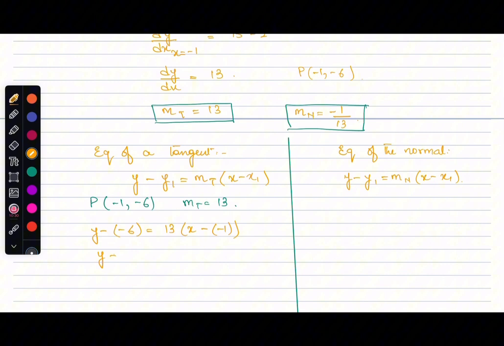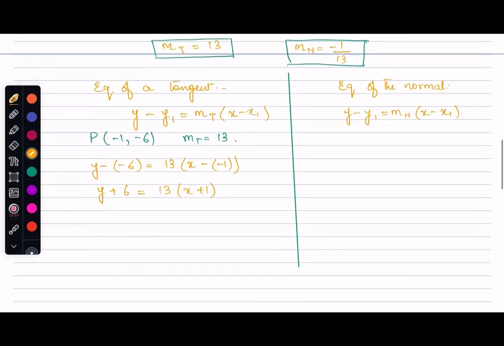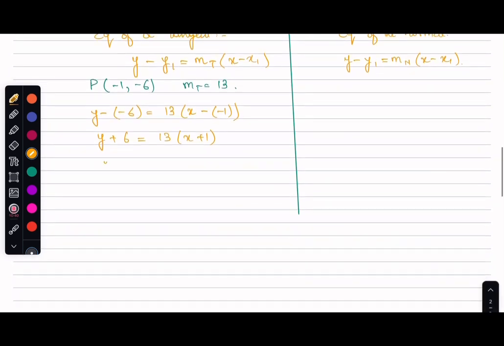Solving the equation, it becomes y plus 6 equals 13 bracket x plus 1. Further, I can say y equals 13x plus 13. I can bring this 6 to the right hand side, which becomes -6 here. And I'll say that the equation of the tangent is 13x plus 13 minus 6, which will give me 13x + 7. So this then shall be the equation of the tangent here.